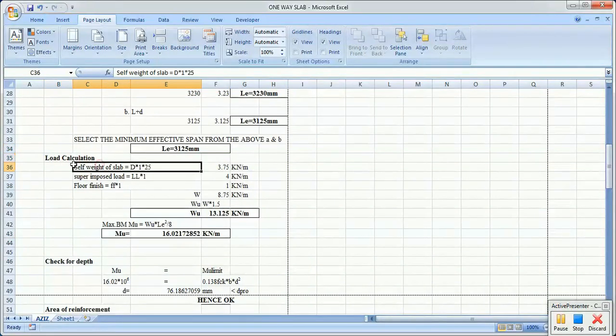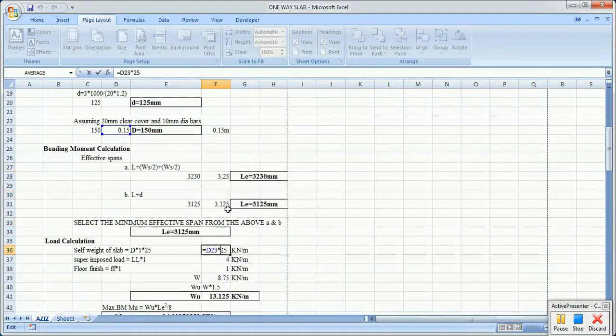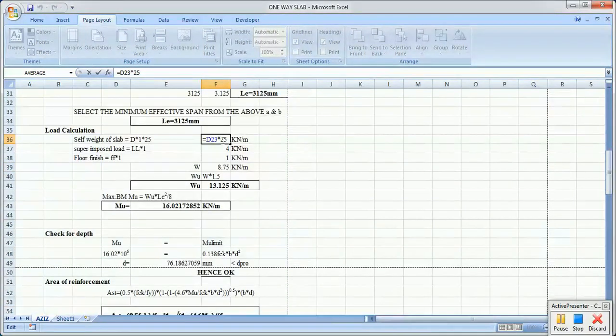So load calculation, again you type self weight is equal to volume into density. So volume is BD into the density. Okay, you can check here. So here the total depth is 0.15 into, you have to multiply 1 for perimeter length, into density.